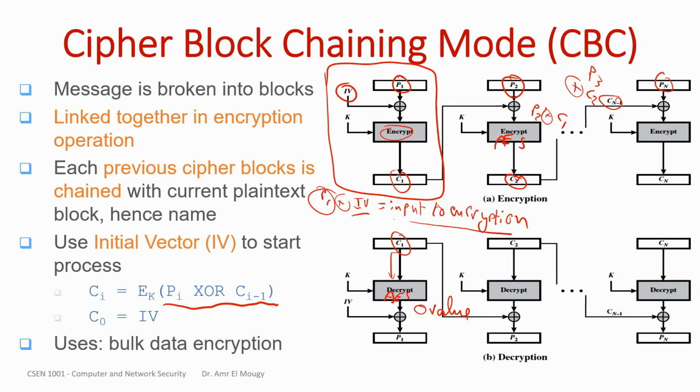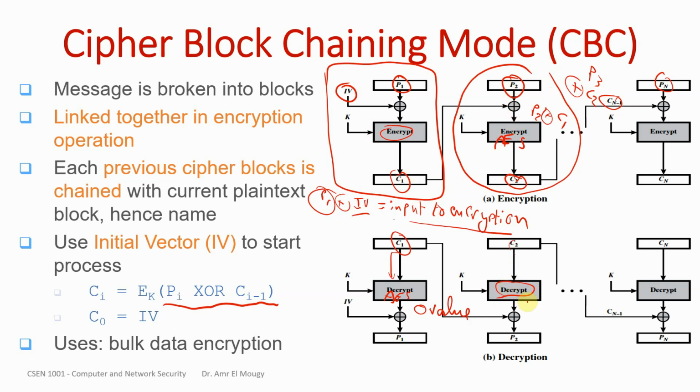If you want to decrypt C2, what do you do? If you see the encryption process of C2, the step before C2 is encryption. So the step after C2 in the decryption process would be just the decryption using AES. The step before encryption here was XORing P2 with C1.